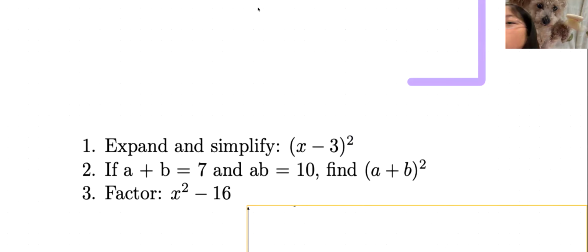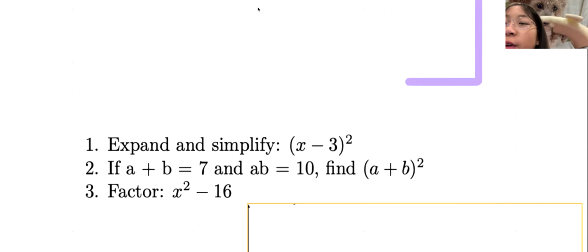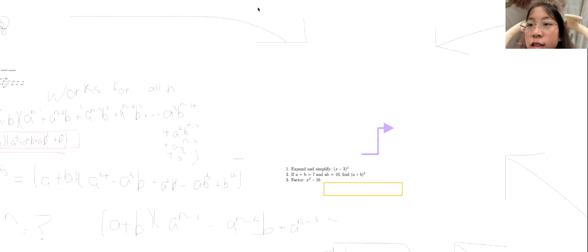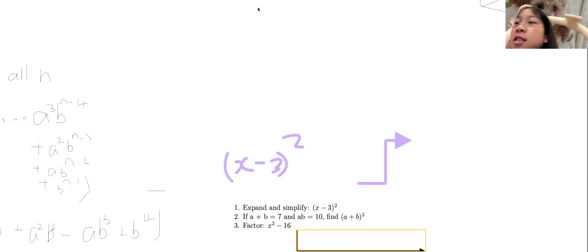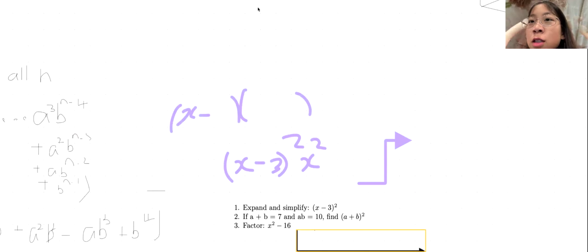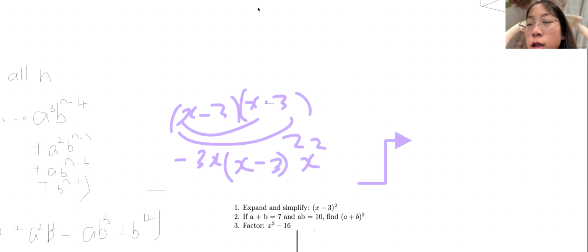Question 1 says expand and simplify (x minus 3) squared. So you square x, which is x squared, then you do x times minus 3, which is minus 3x, and then this is minus 3x, and then that is 9, because two negative numbers make a positive number.